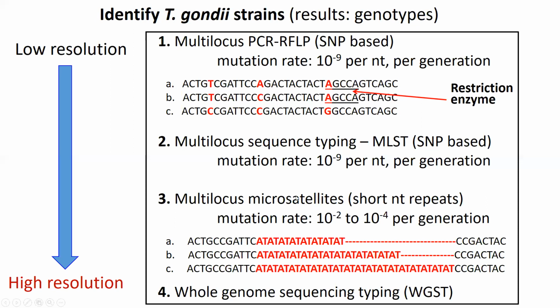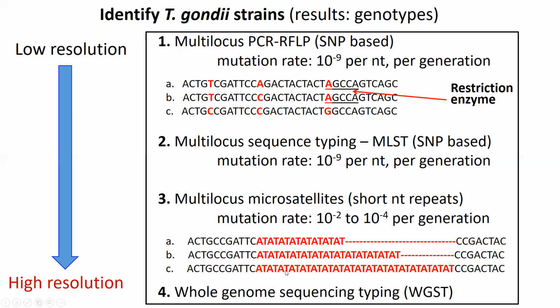And microsatellites are short nucleotide repeats, normally 2 to 6 nucleotides. So here is an example. You have 3 samples, again A, B, C, and in the middle, in red letters, you see the AT repeats.